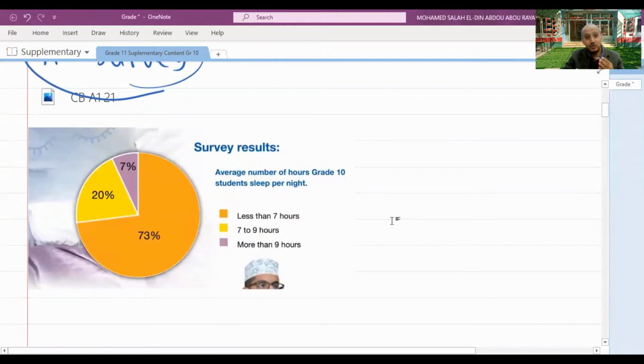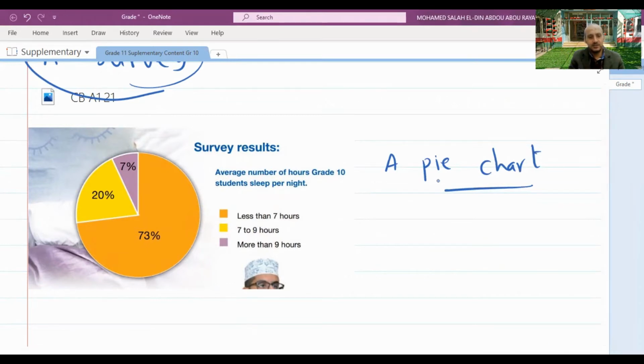First, I'll check if you remember: what kind of chart is this? Exactly, I can hear you. It's a pie chart. Can you think how to read and analyze this pie chart?